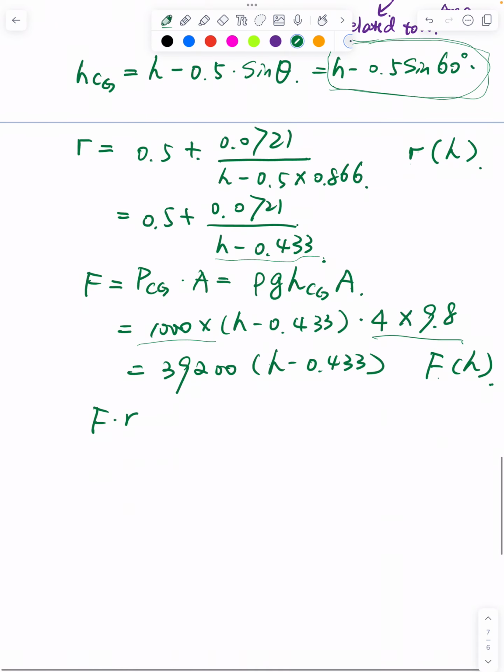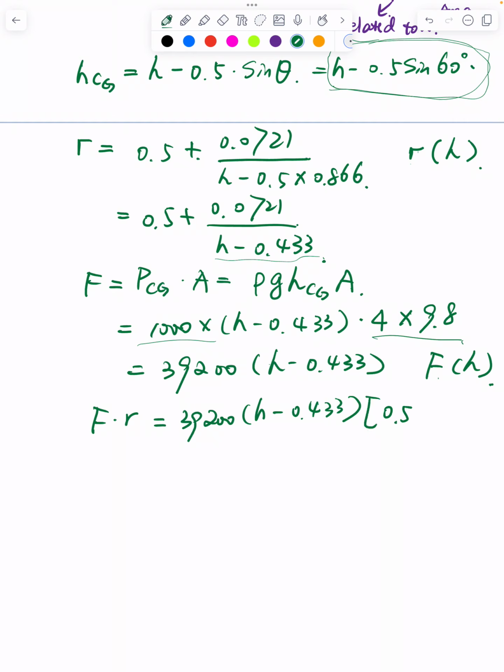So F multiplied by R equals 39200 times H minus 0.433 multiplied by 0.5 plus 0.0721 over H minus 0.433, and it equals 35141. That's what we get at the very beginning from the torque balance. So to solve this in Wolfram Alpha, you get H equals 2.08 meters.